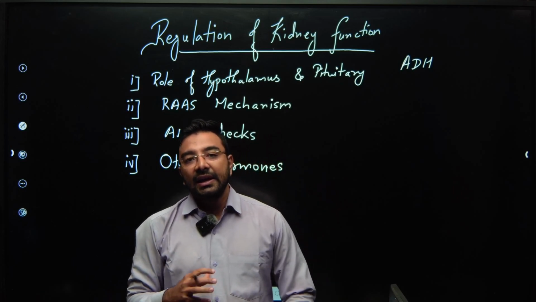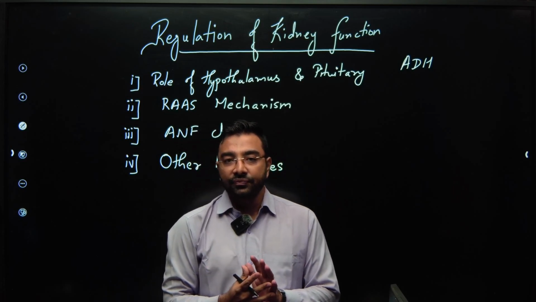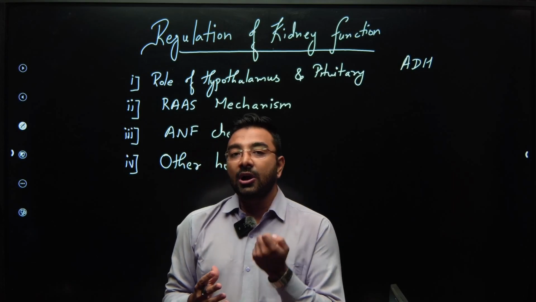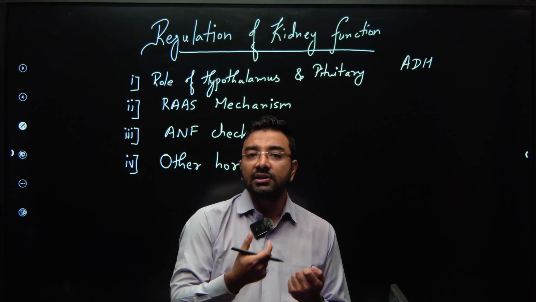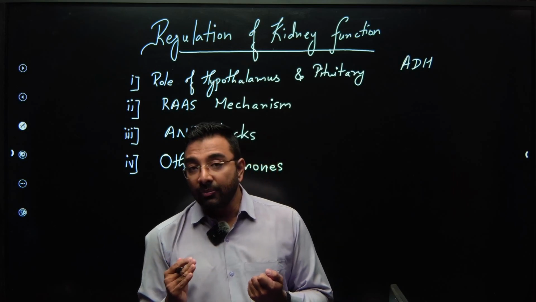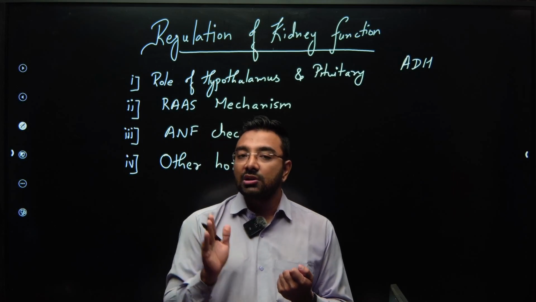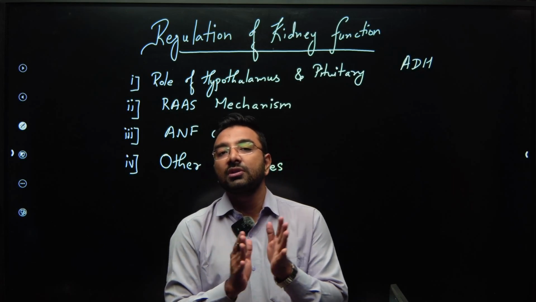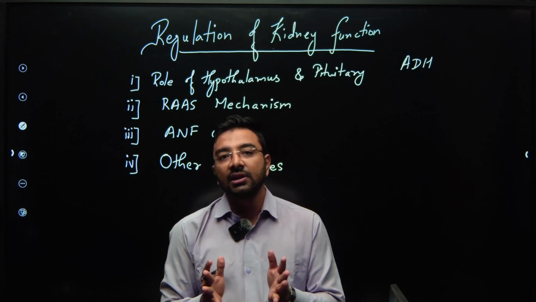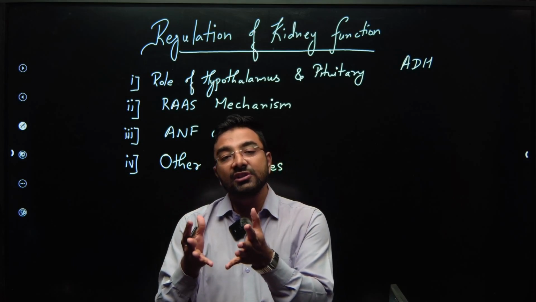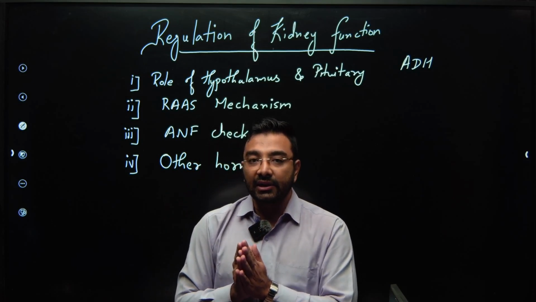Now, ADH has a lot to do. First of all, ADH goes on to the later parts of the tubule, that is the distal convoluted tubule of the nephron. Remember here, the collecting duct also has receptors for ADH, but it is not a part of a single nephron. Rather, various nephrons or various DCTs converge to form a single collecting tubule.